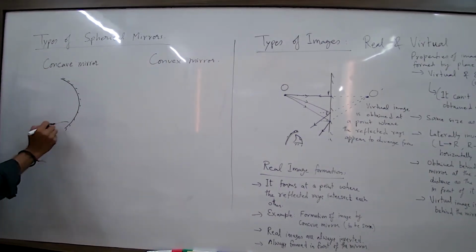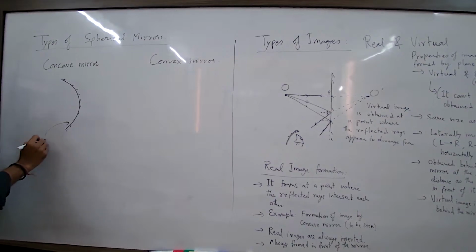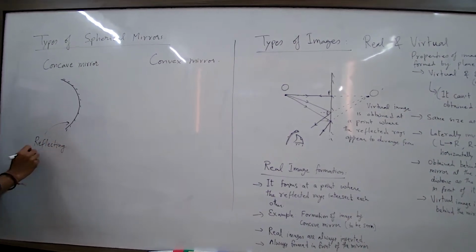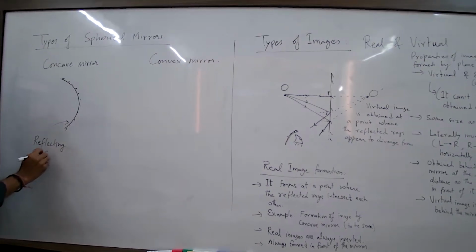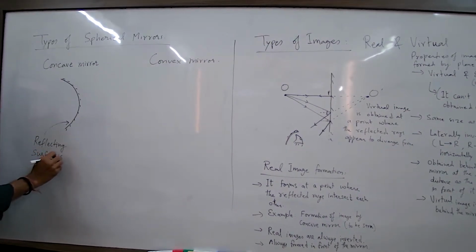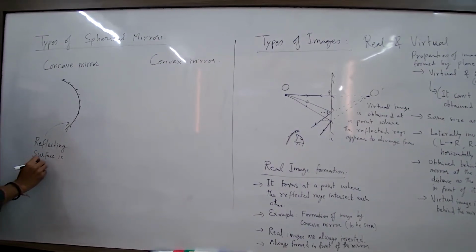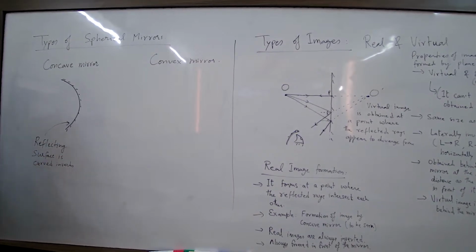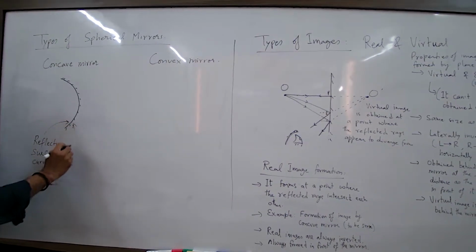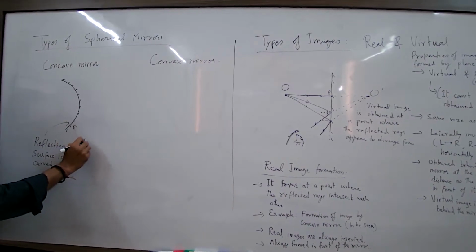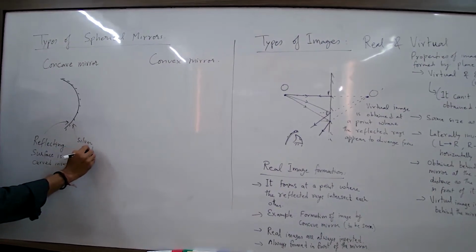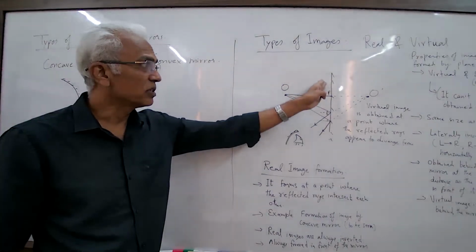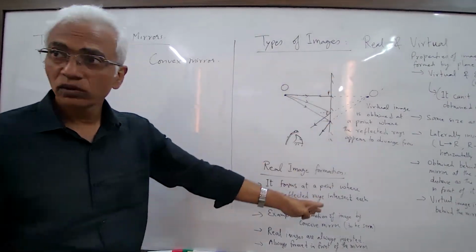This is the reflecting surface, curved inwards, and the outer surface is silver coated. In case of a plane mirror, this is the reflecting surface and the outer surface is silver coated.